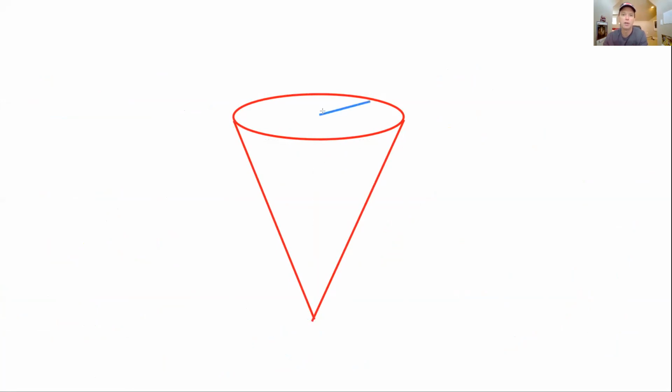I'm just going to draw this as my radius. I will draw this. This is my height.